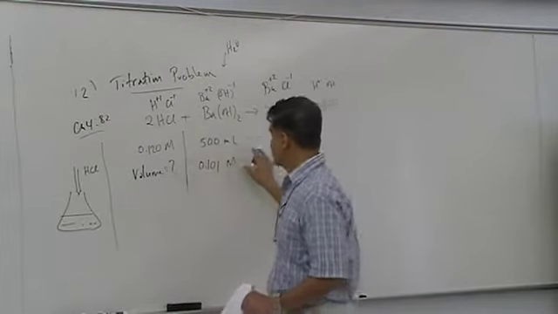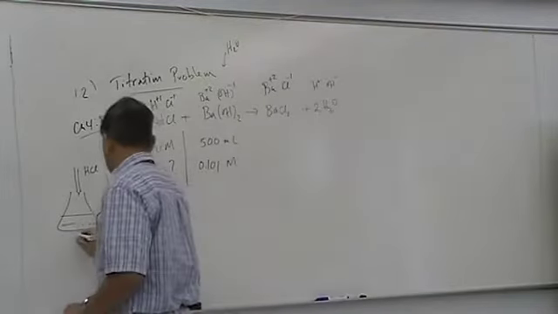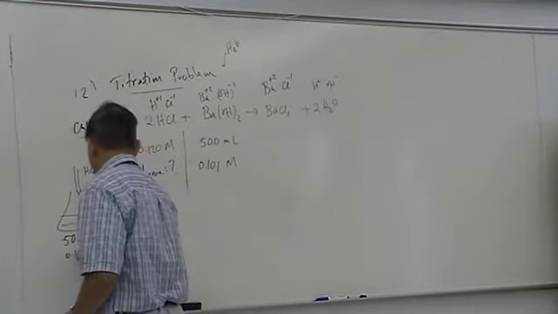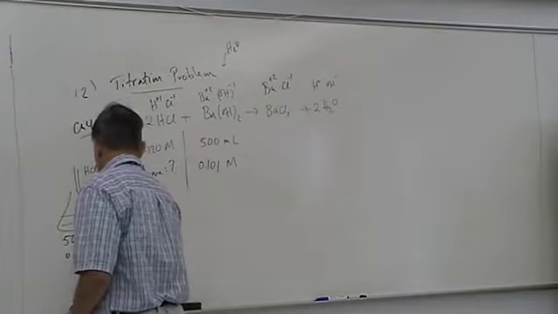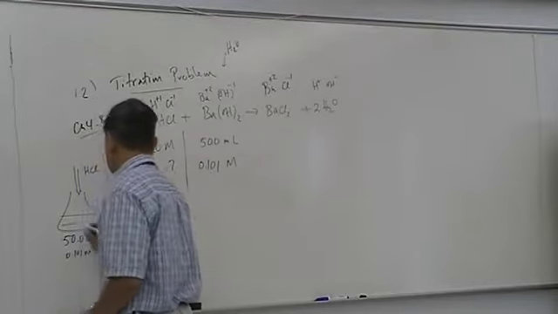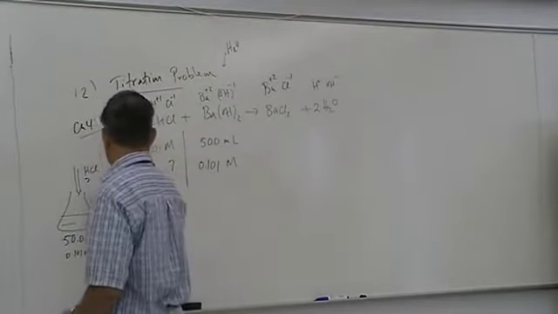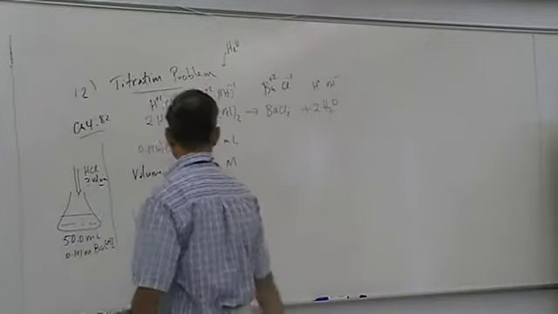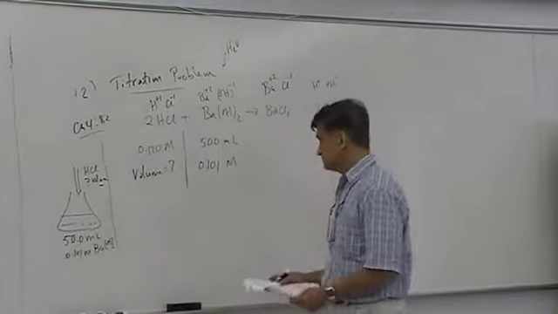You have 50.0 ml of 0.101 molar barium hydroxide. So we need to know what volume of HCl we need to add. And we're going to show you that calculation.